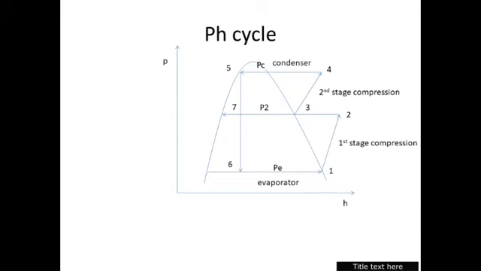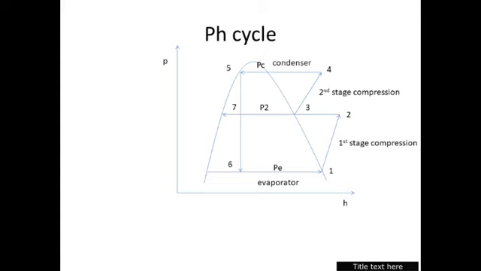So in the next slide we will see the PH cycle. On the y-axis we have pressure, on the x-axis we have enthalpy, and the dome is represented inside, and inside the dome we have lines.